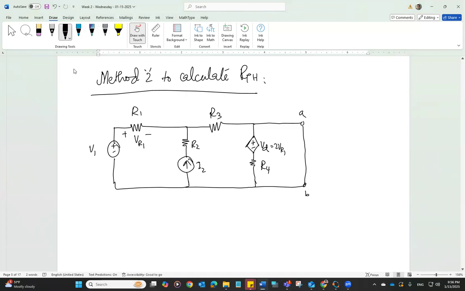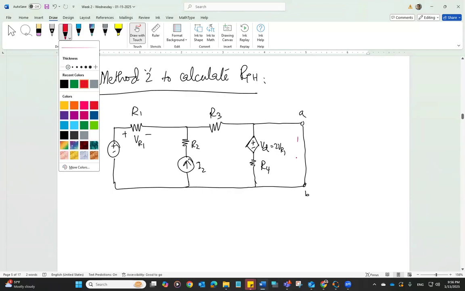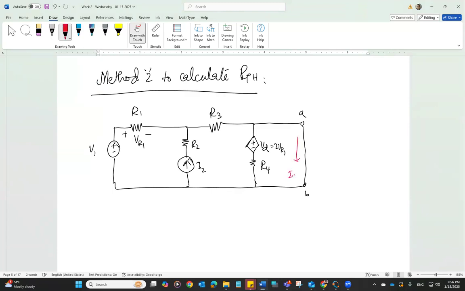And our goal is to find the short circuit current over here, I short circuit. Okay, so once again, we will have to ask ourselves, what is the easiest method to find I short circuit? Now, if you apply nodal analysis at this node and this node, it's not going to be possible to find I short circuit.